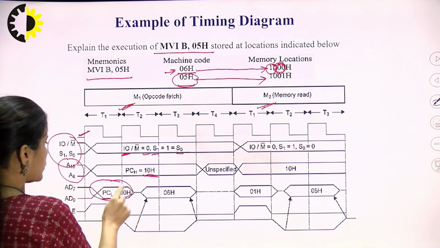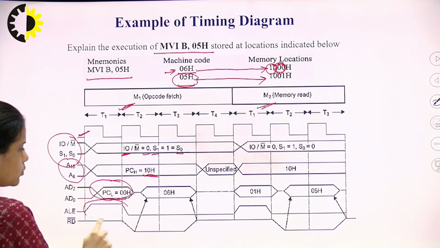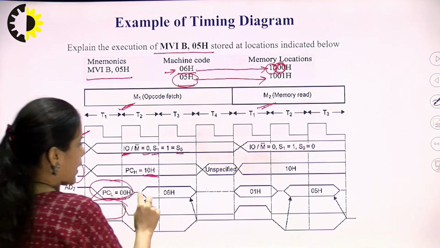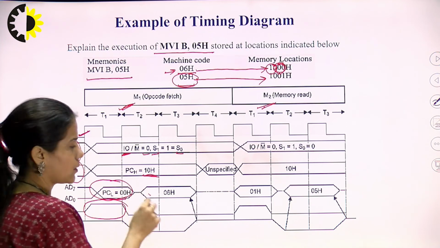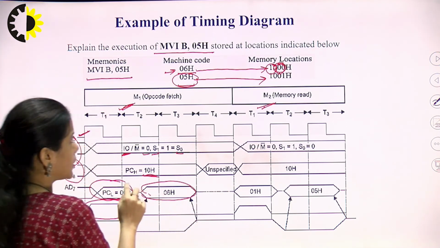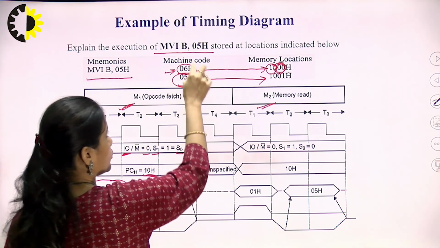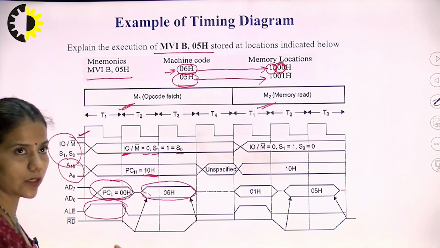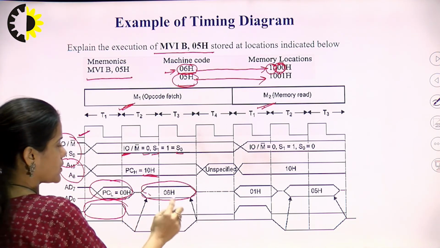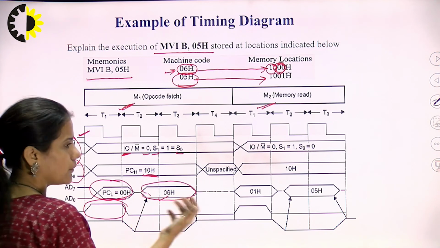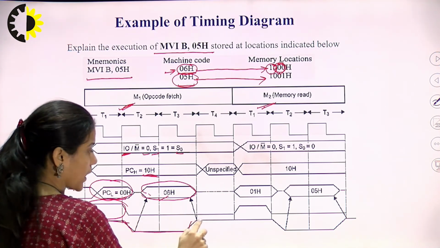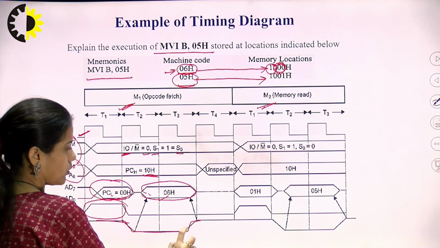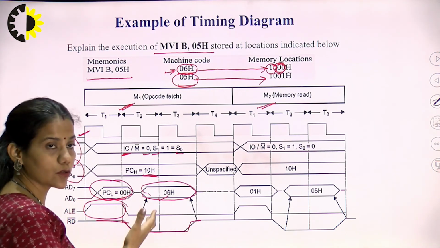And during the latching of the lower order address bus, ALE goes high here, and in the later part of the T2 state, this multiplexed address and data bus is used to carry the data. What is the data here? Data is this opcode. Opcode is the data for the data bus. So here the opcode is being fetched, and during the reading of the opcode from the memory, the read signal should be activated. So it goes to logic 0 during this, because this is an active low signal.